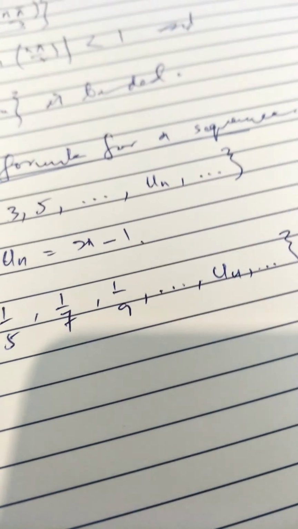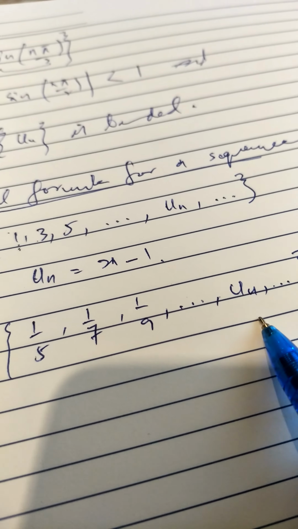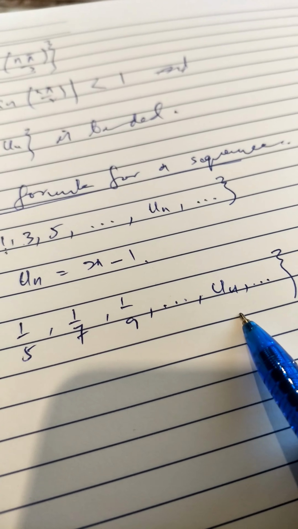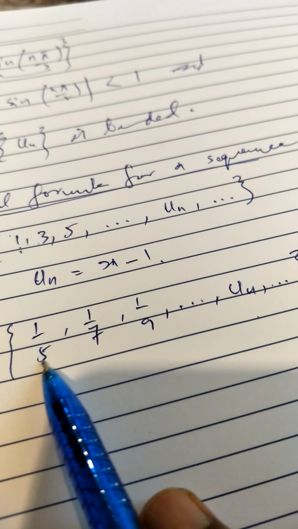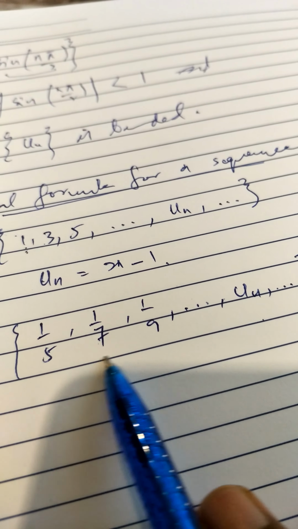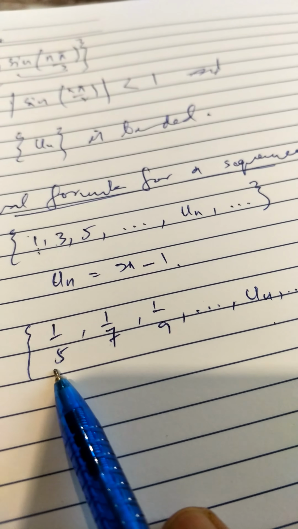If you have, let's say, this sequence, 1 over 5, 1 over 7, 1 over 9, and so on, un, we need to find the nth term, un. If you look at here, 5, 7, these are all odd numbers, and this begins with 5, not with 1.